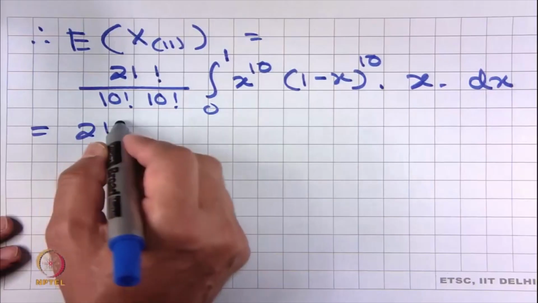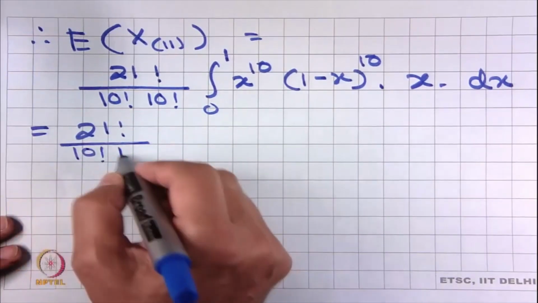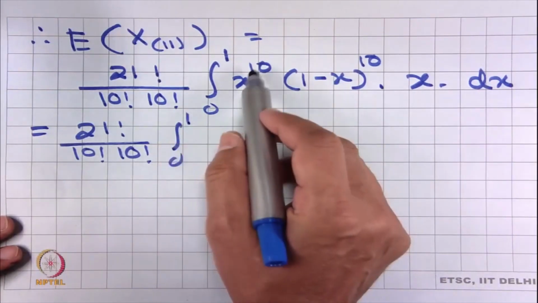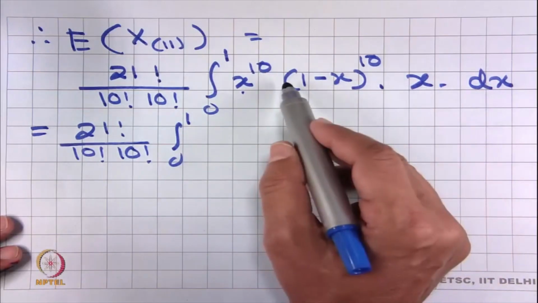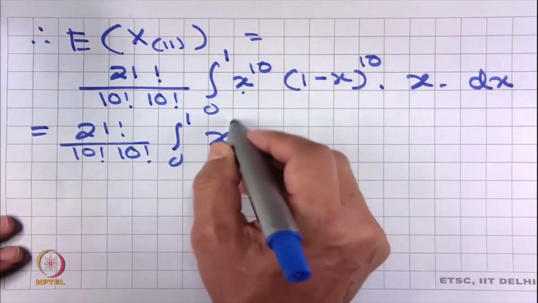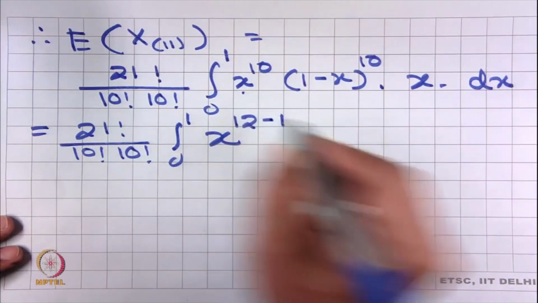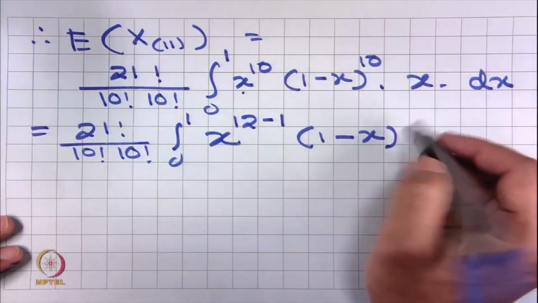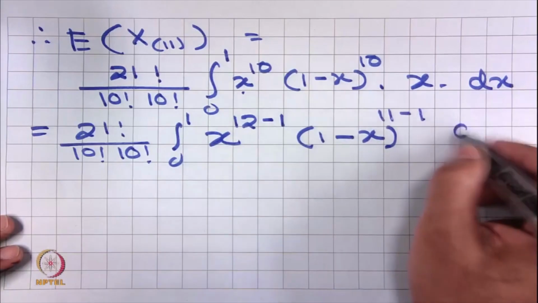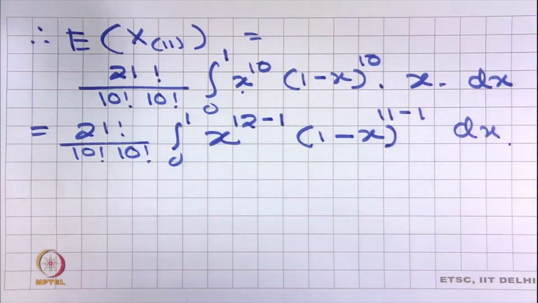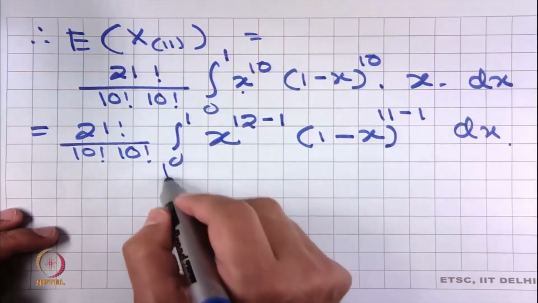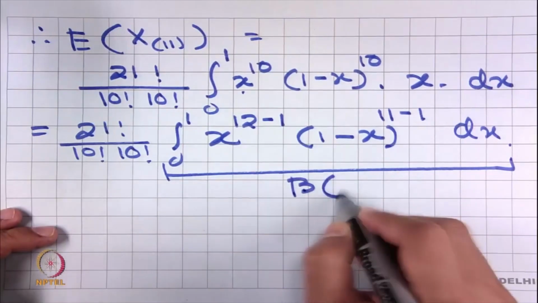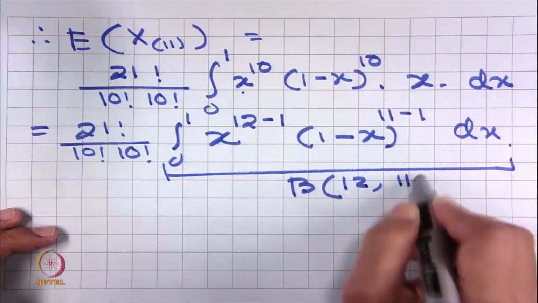So it is x to the power 10 into x, so x to the power 11. Let me write it as x to the power 12 minus 1 into 1 minus x to the power 10, so let me write it as 11 minus 1, dx. Why did I do it? Because then it becomes beta 12 comma 11.